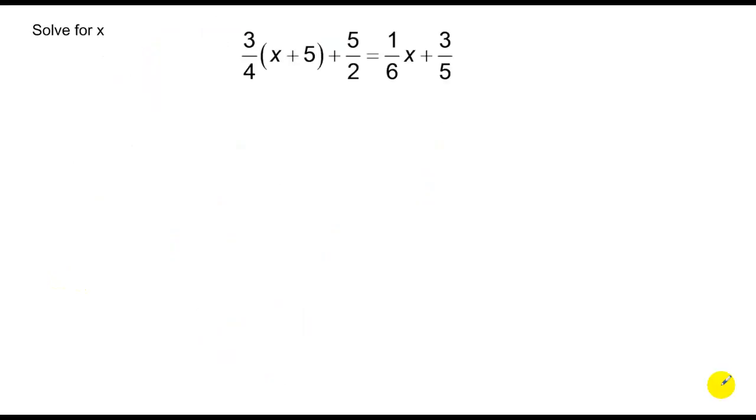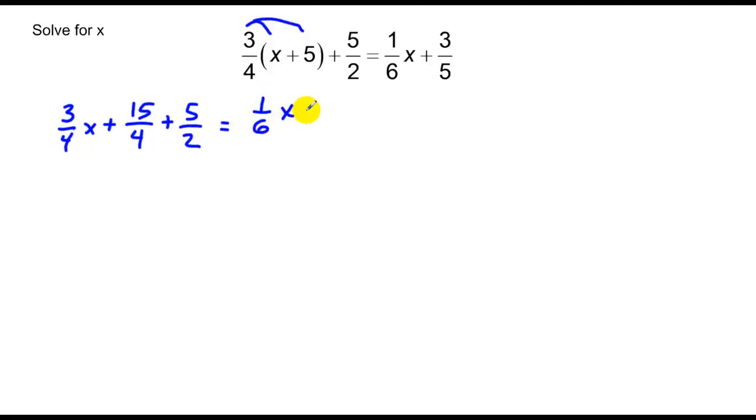So in this case we have a number of different fractions, and again we're going to try to clear those fractions, but first I like to distribute any terms that need to be distributed. So in this case I have 3/4 x plus 15 over 4 plus 5 over 2 equals 1/6 x plus 3/5.